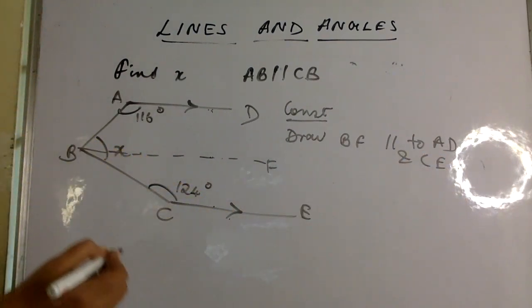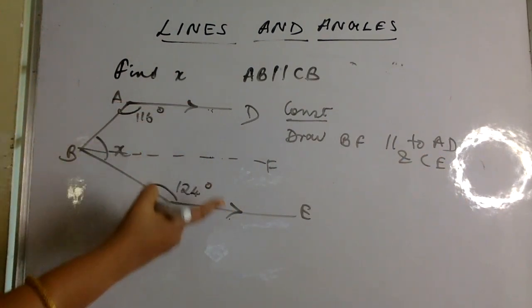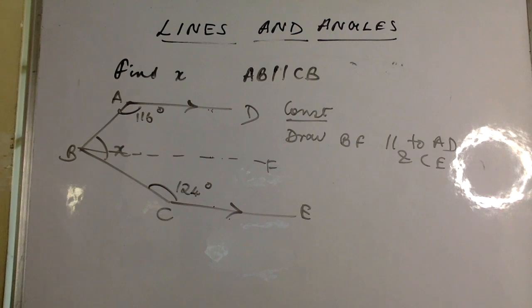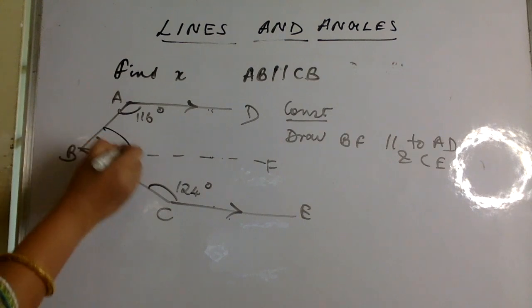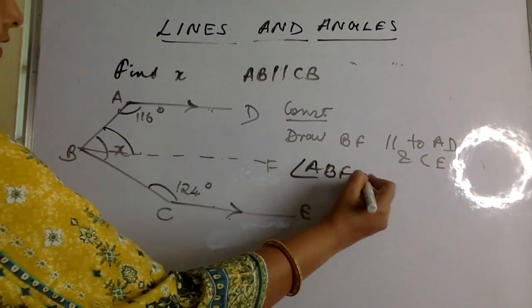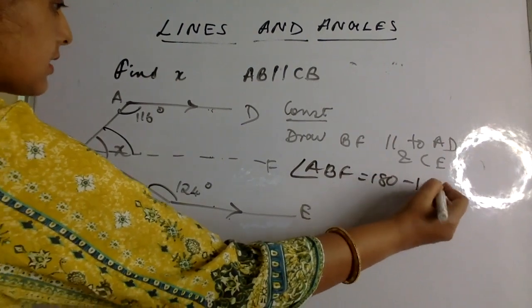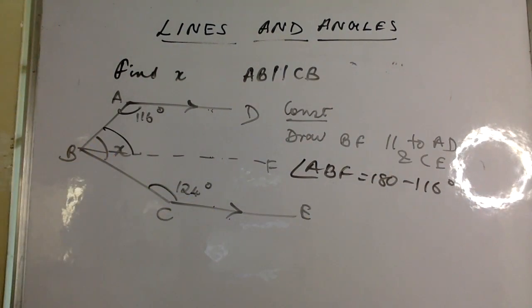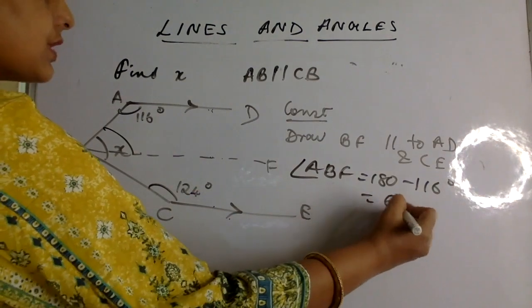Now this line is parallel to this as well as to this. Next, angle ABF is equal to 180 minus 116, which is equal to 64.